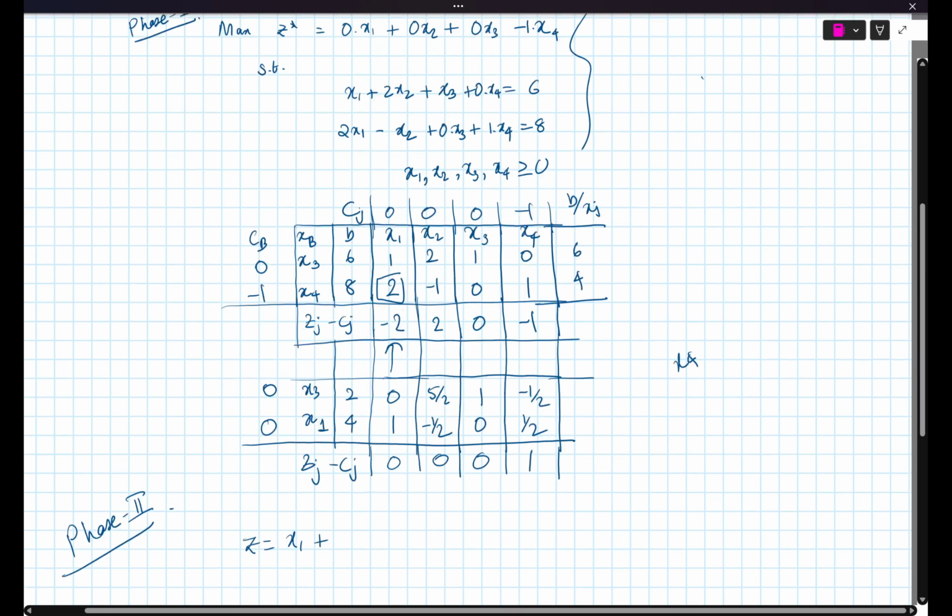So x1 equal to 22 by 5 and x2 equal to 2 into 22 by 5 minus 8, which is how much?